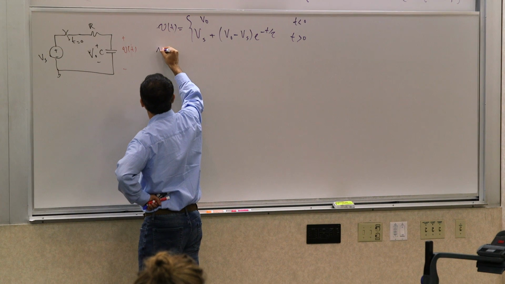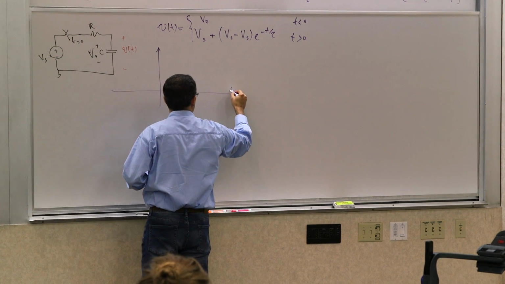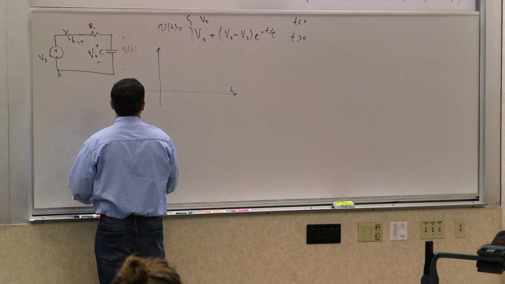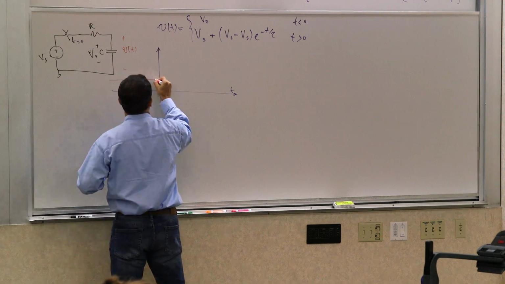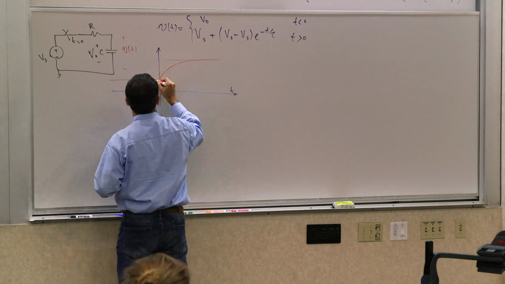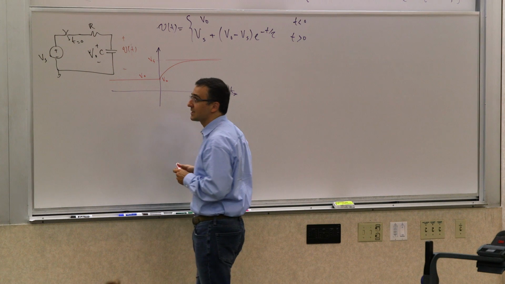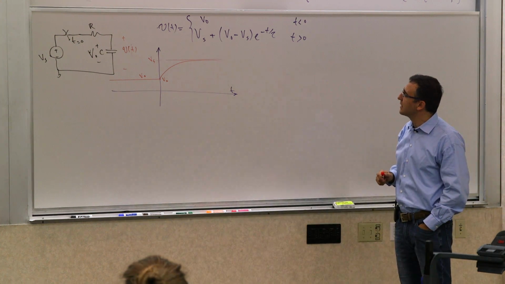So if I plot this versus time, it looks like this. So it starts at V0, so this is V0, and asymptotically reaches Vs. Why does it asymptotically reach Vs?